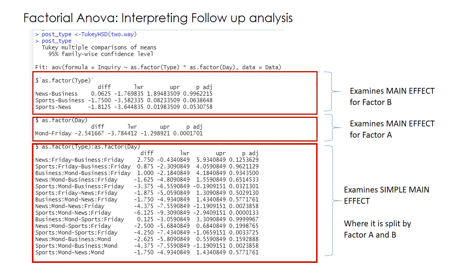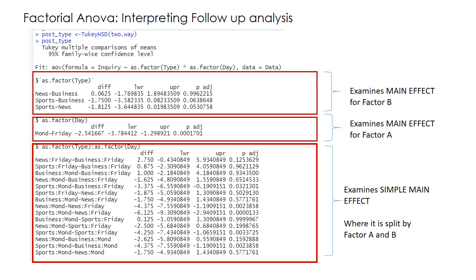The fourth one is news Monday, business Friday. What is being examined here is the number of inquiries that one gets on Monday after the news, and the number of inquiries that you get on Friday after the business program. So that is what is being illustrated here.